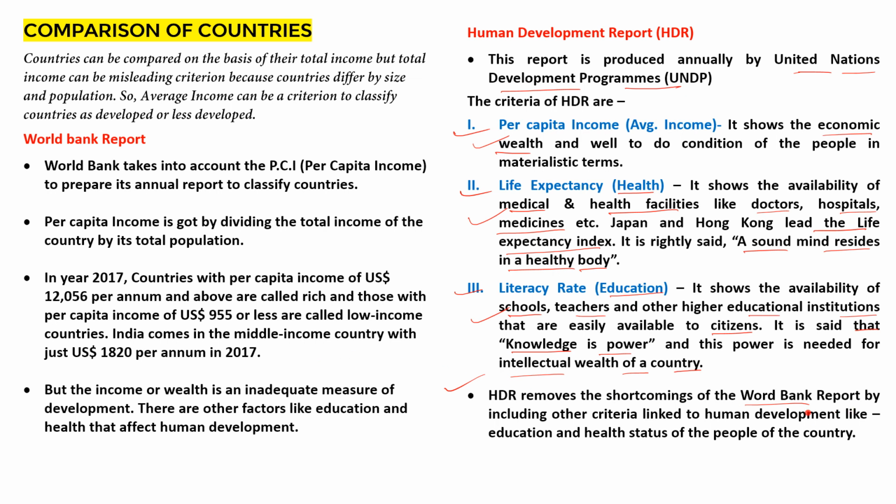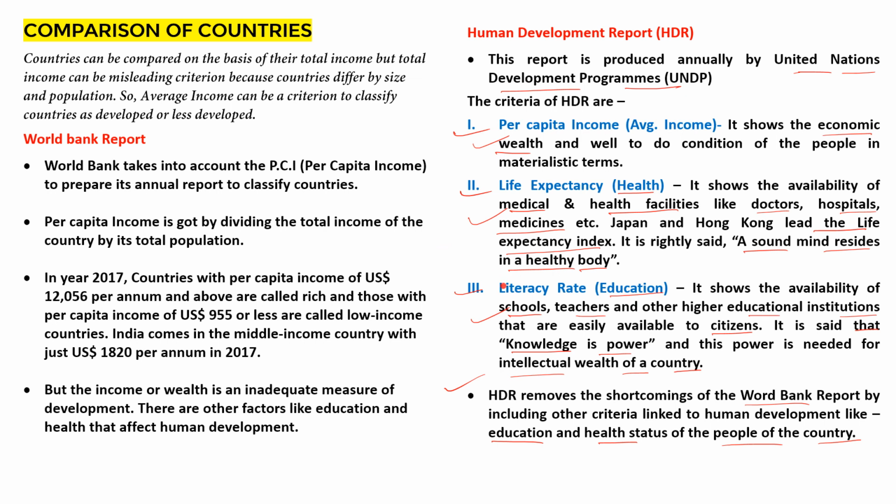HDR removes the shortcomings because it takes into account the education and health status of the people of the country. So it gives a better measurement of the development status of a country. The Human Development Report also ranks the countries. The index which shows the rank of the countries is called HDI, meaning Human Development Index.